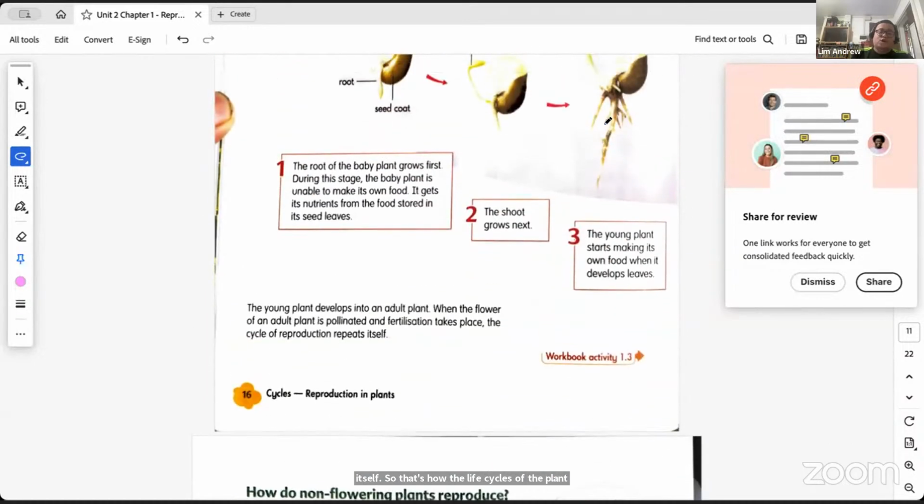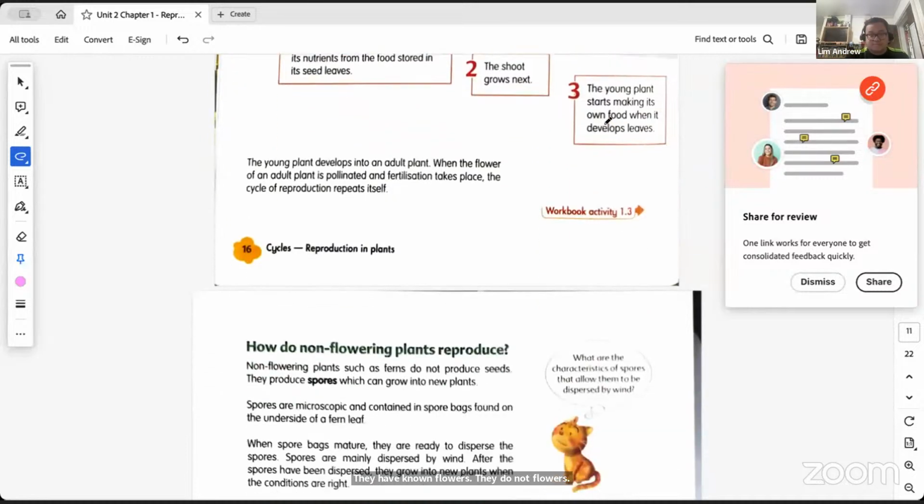So now we have gone through how flowering plants reproduce through four different stages: pollination, fertilization, seed dispersal, and germination. What about those plants that do not have flowers? How do non-flowering plants reproduce?